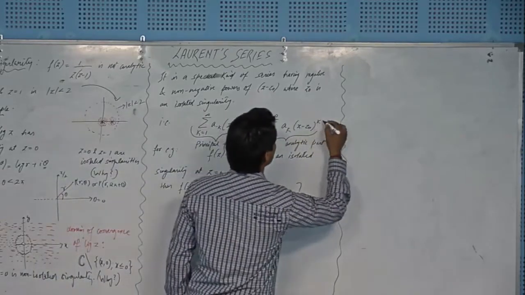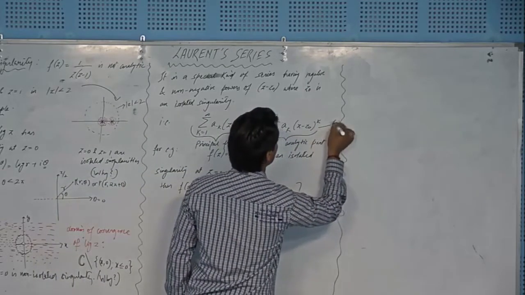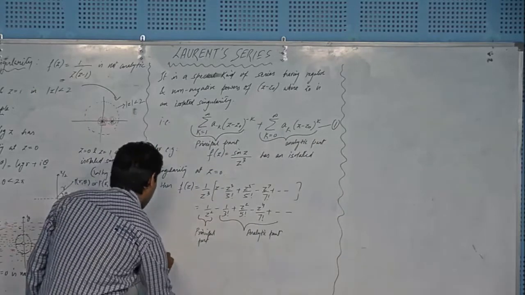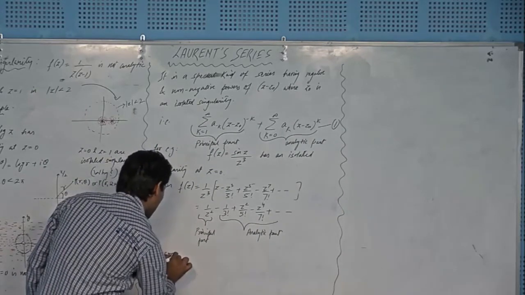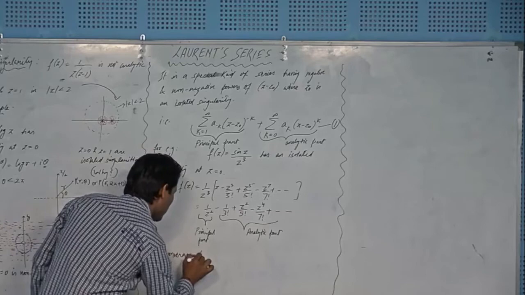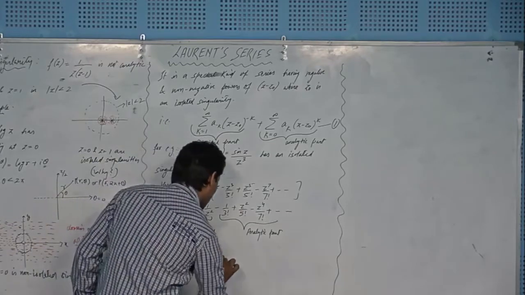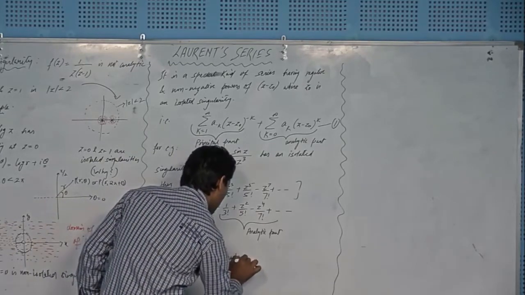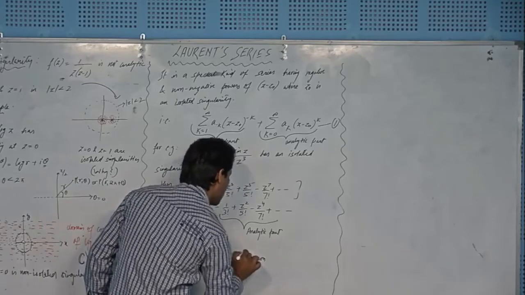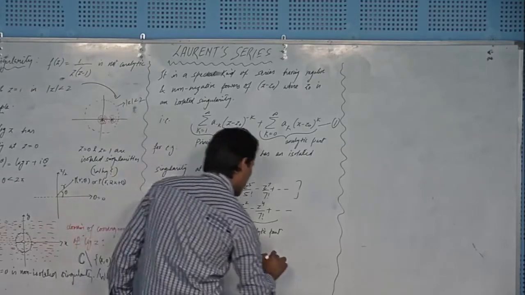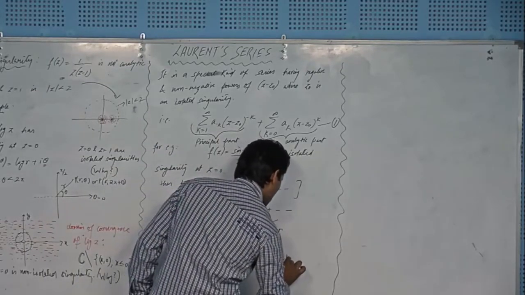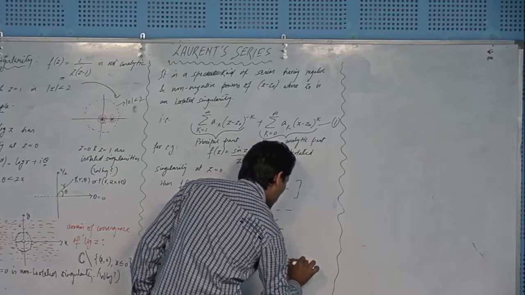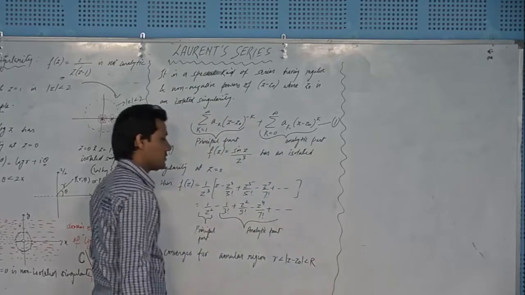Let me call it first: converges for annular region, and that region is small r less than mod z minus z naught less than capital R, right?